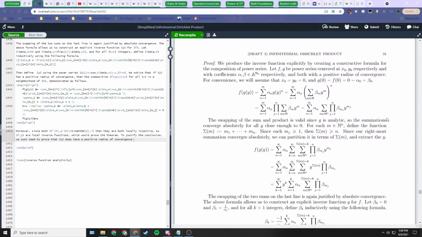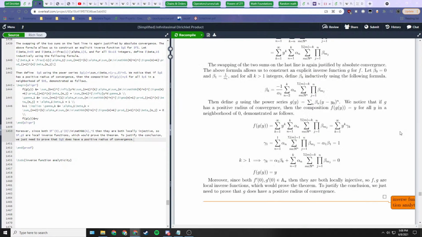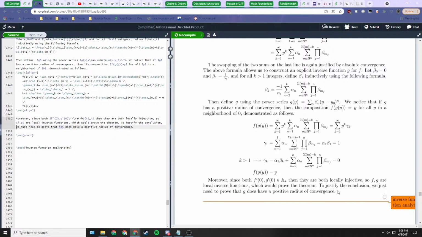Okay. Anyway, all we have to do is verify. So we have to verify that these coefficients induce a positive radius of convergence. And the way that we can do that actually is just by putting an upper bound on them.